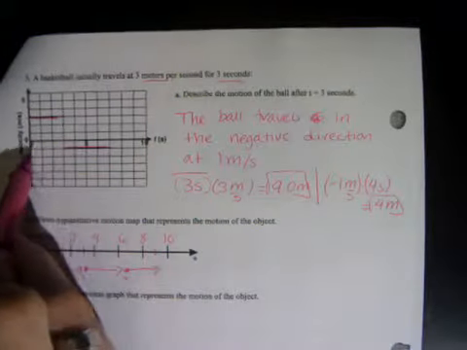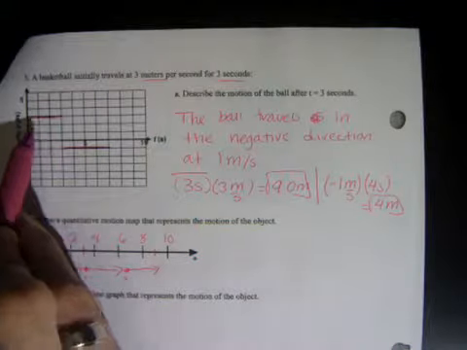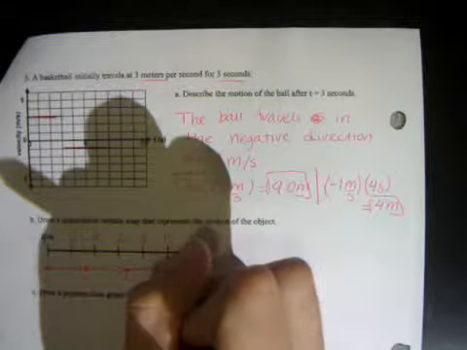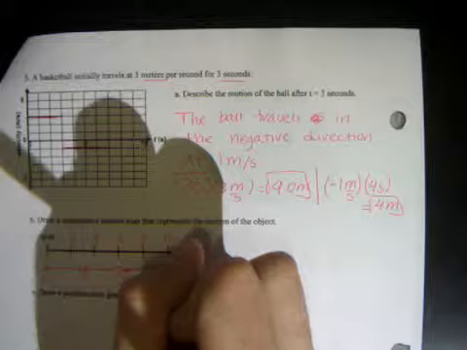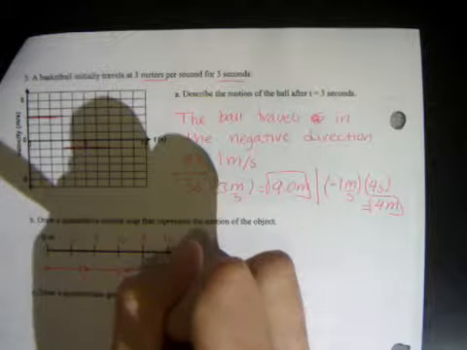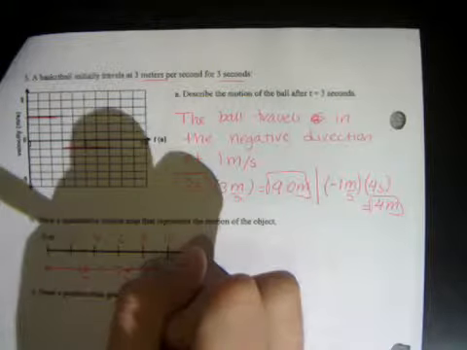Now, because we're actually closer to 0 here, we know that we're going slower. Whereas it's higher up, that means we're going faster. So our arrows then are going to be smaller. So we're going to start at 9, and then we travel at just 1 meter per second in the negative direction.